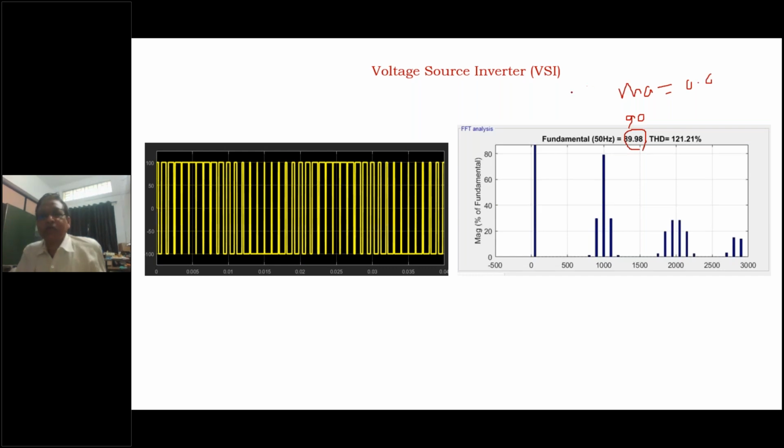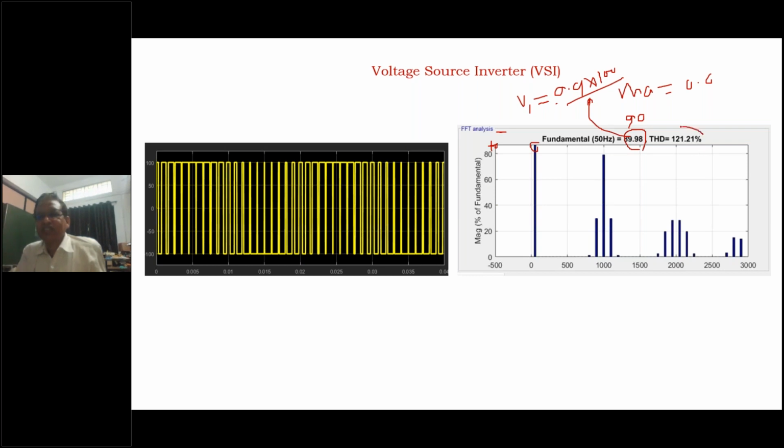So what is the magnitude of the output voltage? This is 90, and 100 is somewhere here. VDC is 100, so V1, the magnitude of voltage, is equal to 0.9 multiplied by 100. So the amplitude is 90 volt.